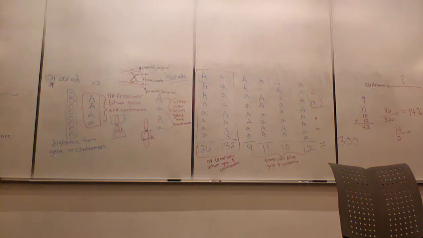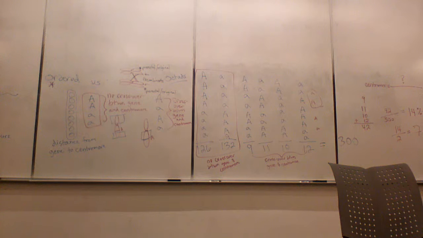If you were working backwards, taking a map and trying to determine how many progeny fell into each category, you would take that map distance, multiply it by the total, and then divide by 2 to get each one of those classes. Okay, so we end up with 7.